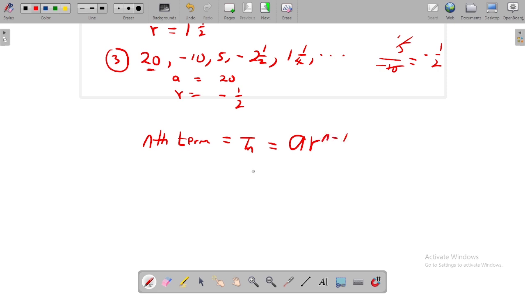We already know A is the first term, R is the common ratio, and n is the term we are talking about, that particular term we are tackling. We will understand better as we continue. Okay, let me write it out again.